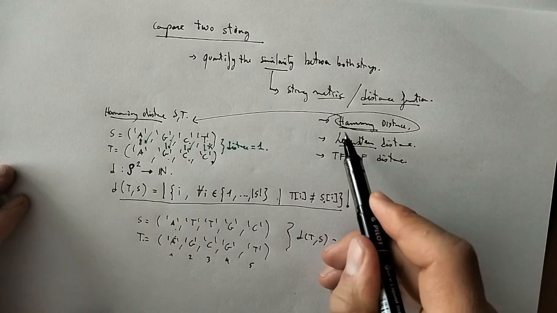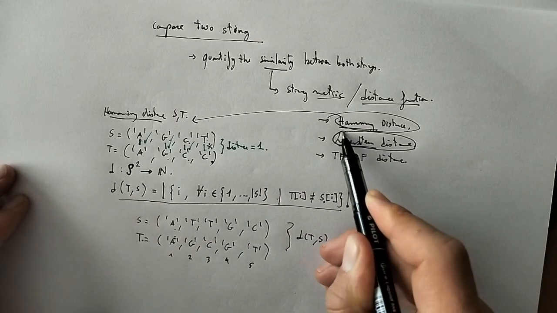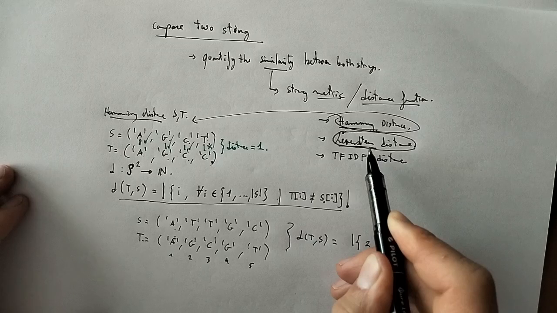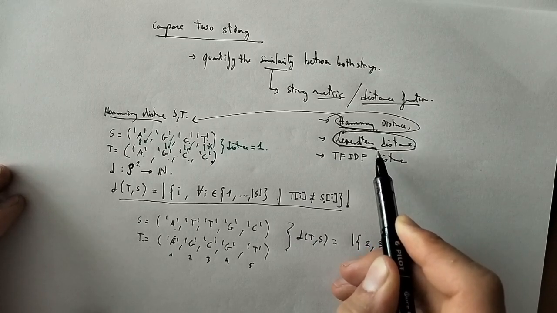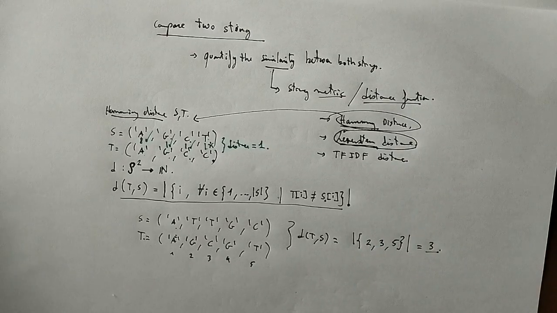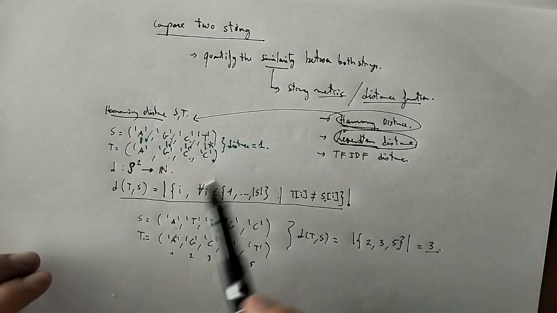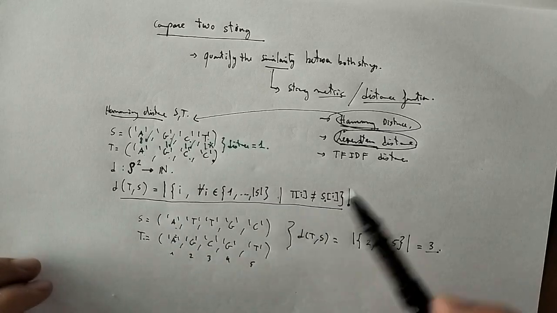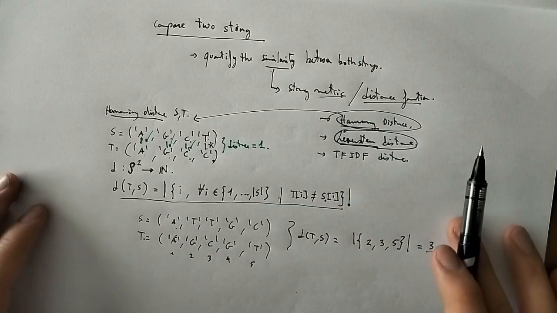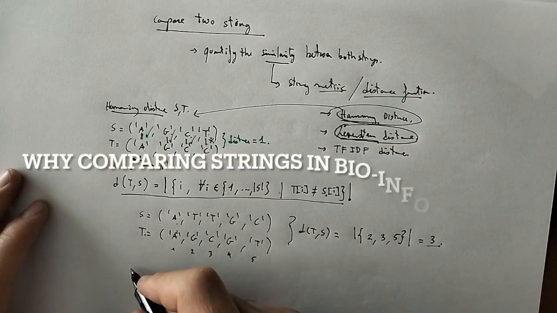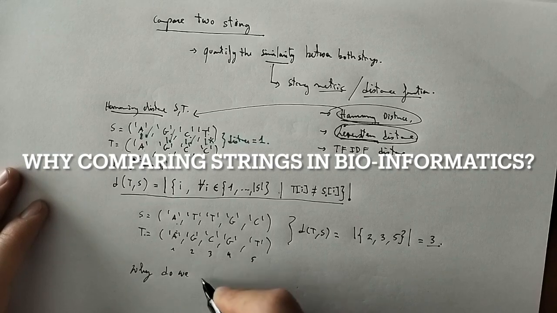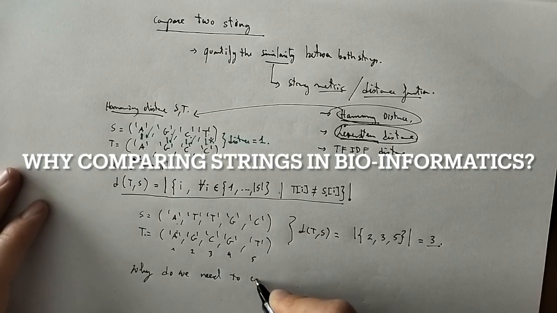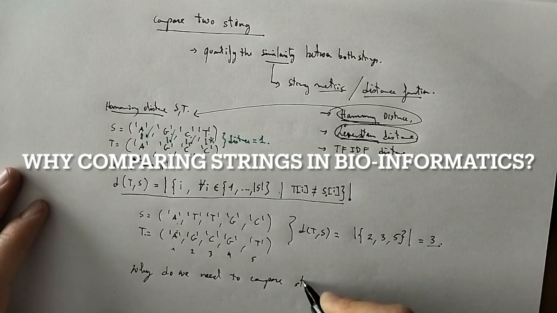Now we are going to also study during this chapter the Levenshtein distance, but this distance is a bit more complex, so we are going to do it in a different video. Now that we have studied this Hamming distance as an example of string metric, we can ask ourselves, why do we need to compare strings in bioinformatics?